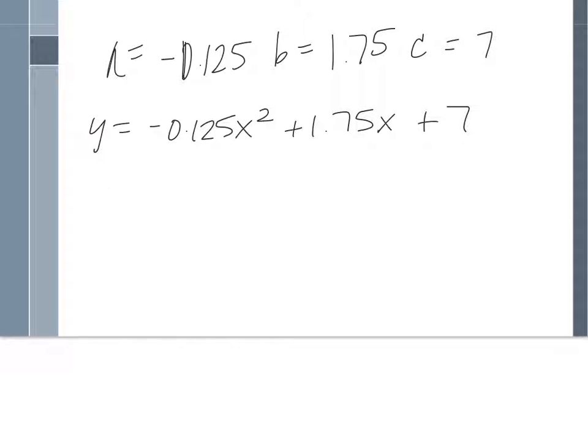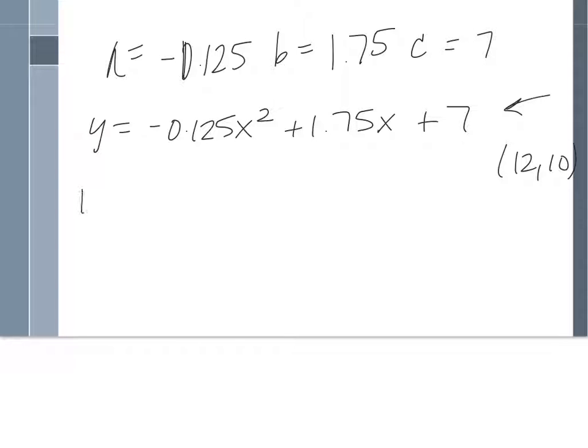Now remember, the original question said, will the ball pass through the hoop at 12, 10? In other words, it's asking, is (12, 10) a solution of this graph here?